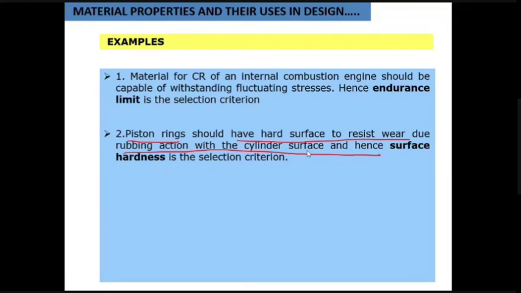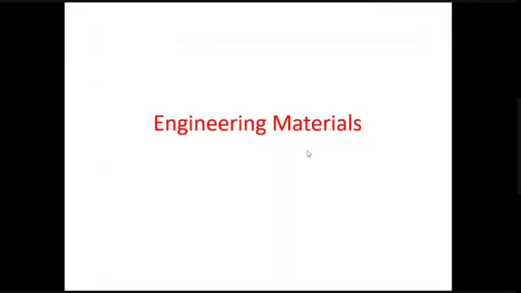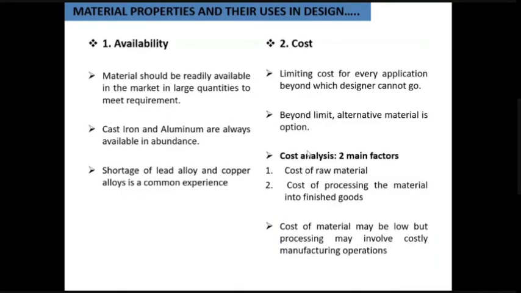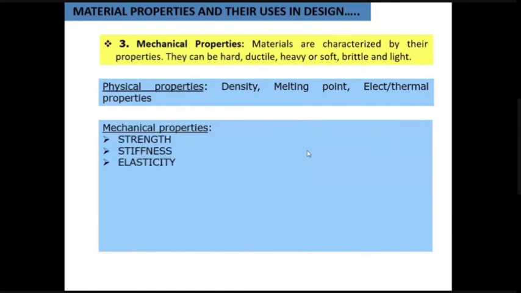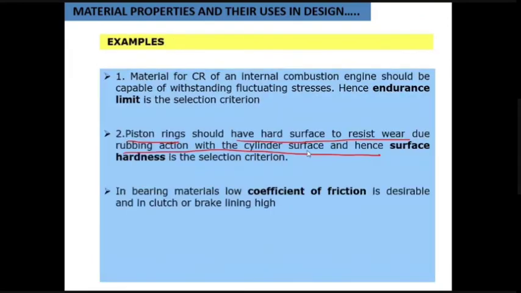So there will be a rubbing action between the piston ring and the cylinder. So what will be the mechanical property required? Hardness. So surface hardness is the selection criteria. I hope you understand. In bearing materials, a low coefficient of friction is desirable.